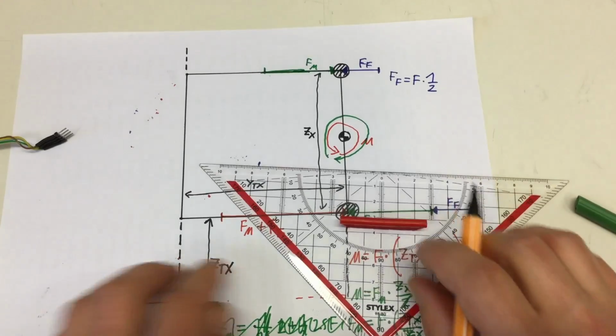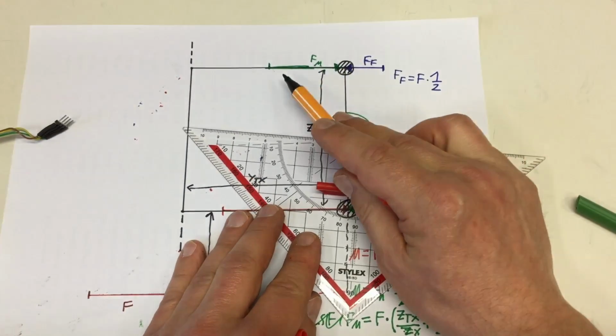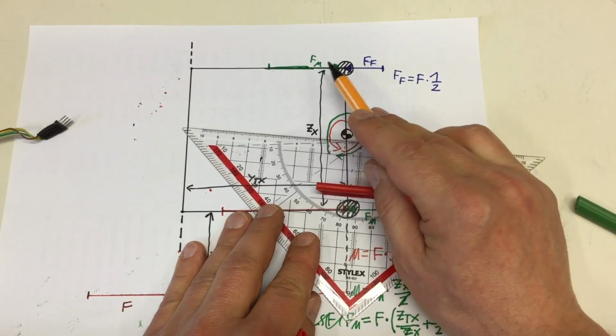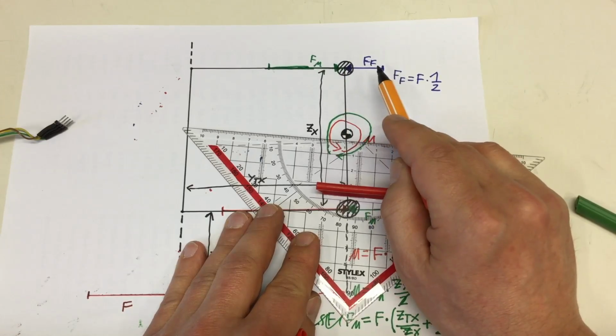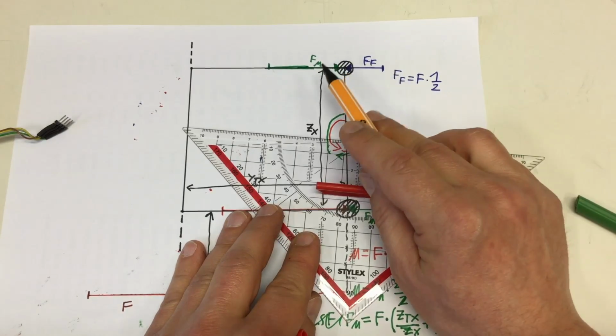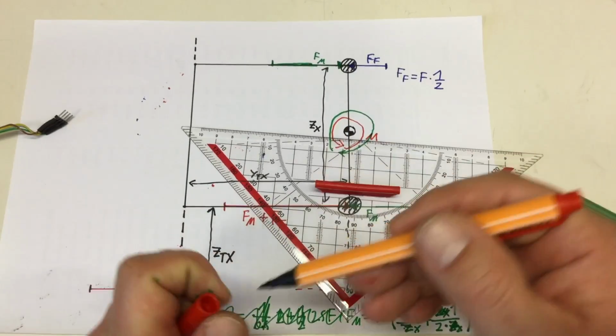But up here, the forces are opposing each other. So they partially cancel each other out.